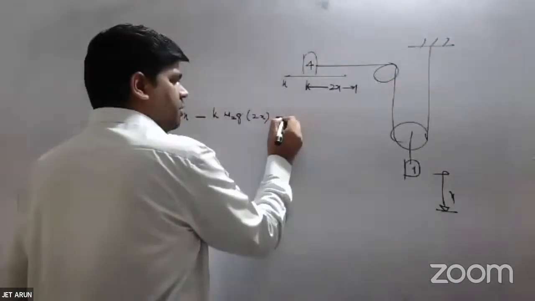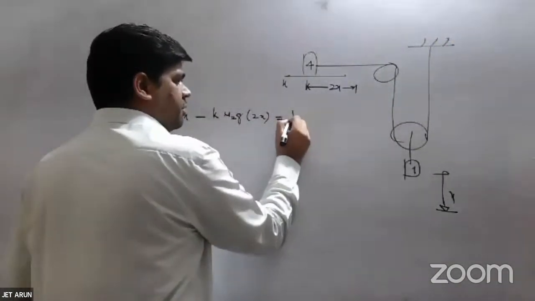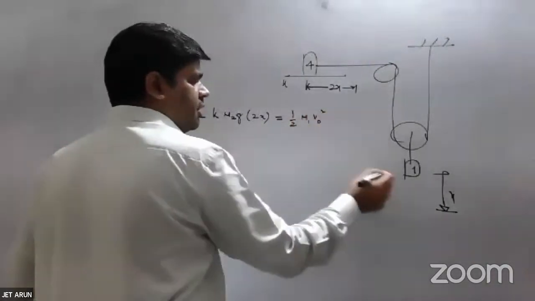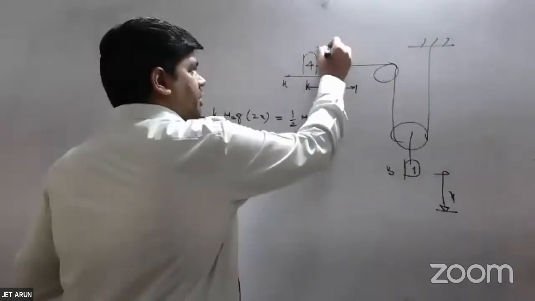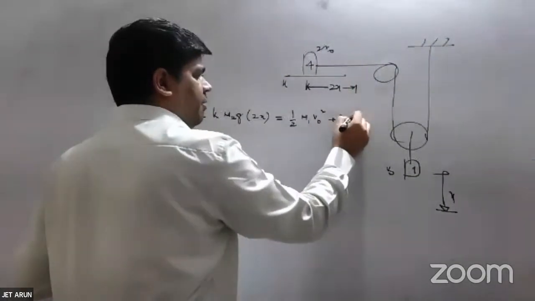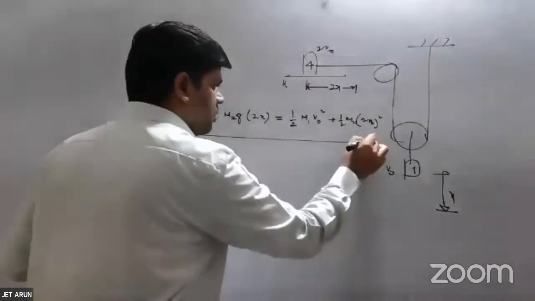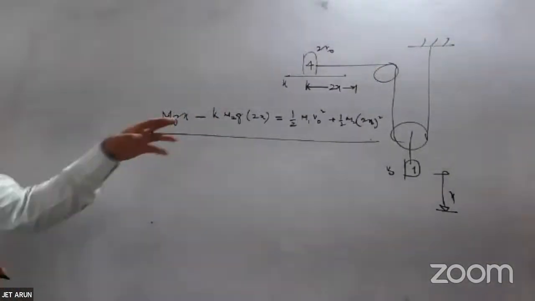Now this is equal to the gain in kinetic energy, half m1 v1 square. If this is v0, this will be 2 v0, plus half m2 (2 v0) square. Everything is known except mu.